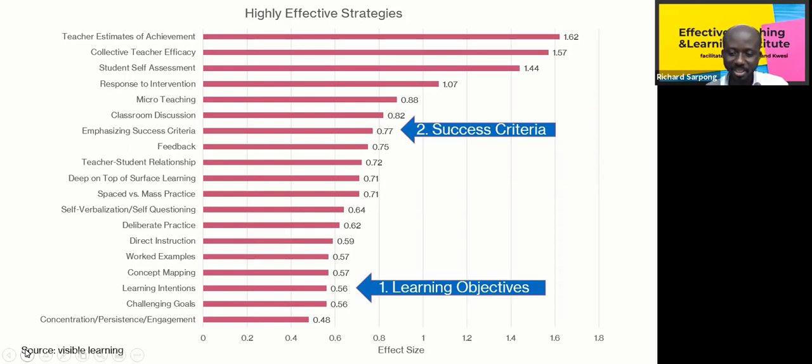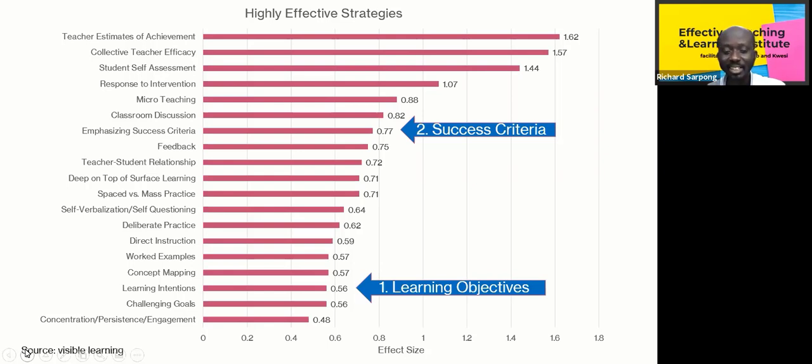The idea of effect size is that if a child spends a year in your class and grows one year in learning, then he's supposed to show an effect size of 0.4. But if you look at a diagram here, the effect size for knowing the learning objective, not just chanting it, but knowing what the learning objective is and understanding it, really helps students to learn.